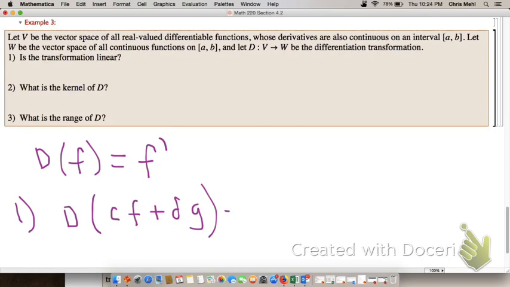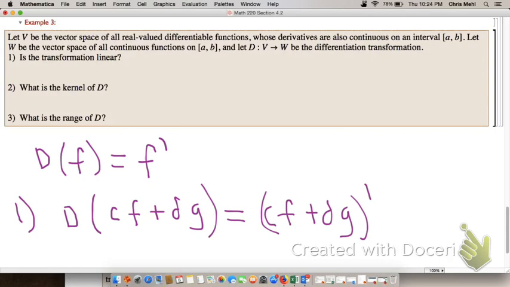Now, by definition, D is going to take cf plus dg to the derivative of cf plus dg. However, one thing we know from calculus is that, first of all, the derivative of a sum is the sum of the derivatives, and we also know that the derivative of a scalar times a function is the scalar times the derivative.